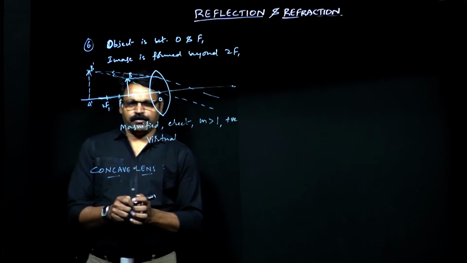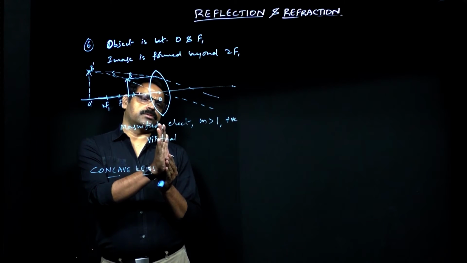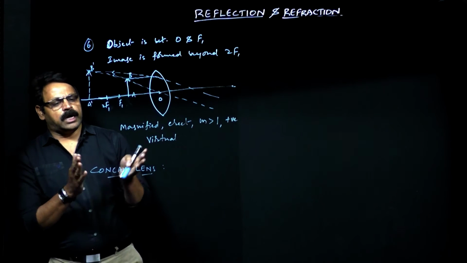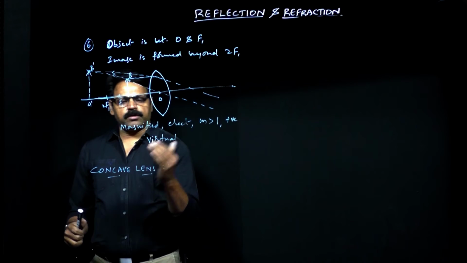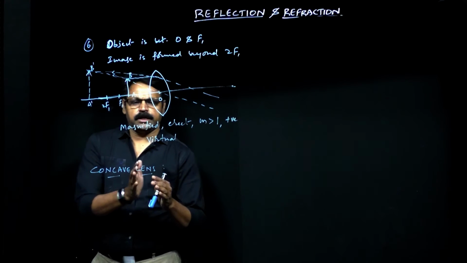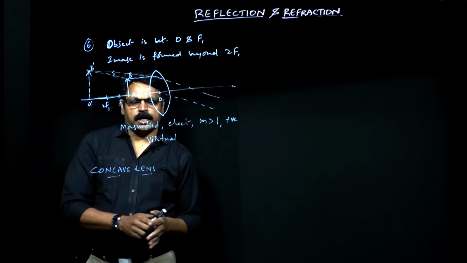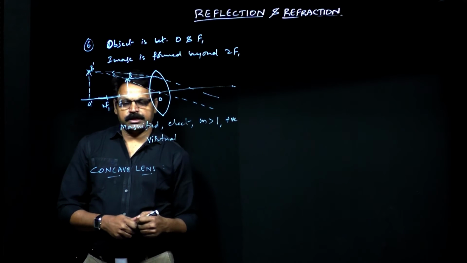So here you can make a little comparison: the concave mirror acts similar to the convex lens, and the concave lens acts similar to the convex mirror. Whatever options you get for the convex mirror, you will get similar ones here, with a variation that here it has two surfaces and there it has only one surface.